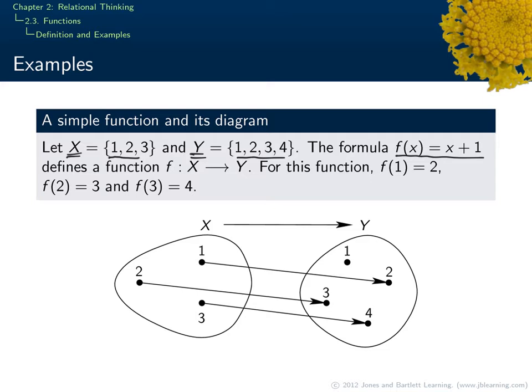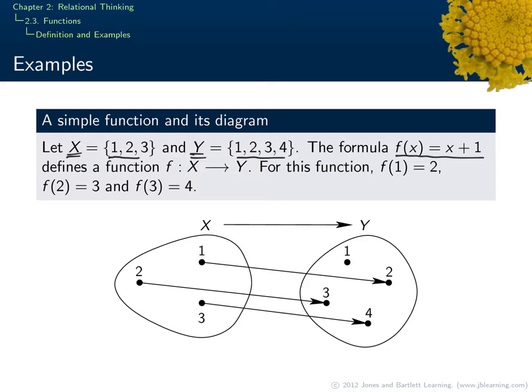But even if you didn't know that formula, you could look down at the picture and see how elements of X are being assigned to elements of Y. So let's make sure that this really does satisfy the definition of a function that was given on the previous slide. The first thing we need to happen is that every element of X needs to be used. And indeed, we look throughout X and every single element, 1, 2, 3, they are all used.